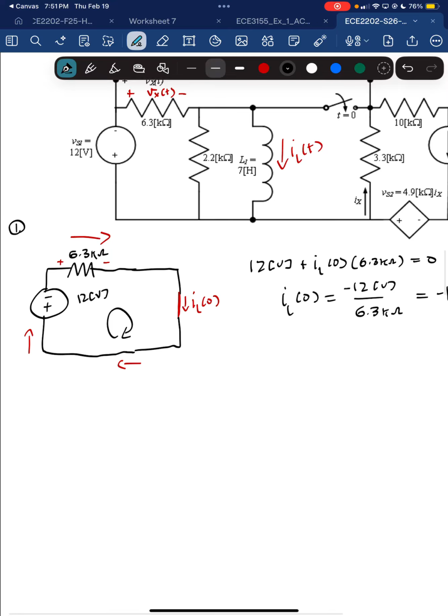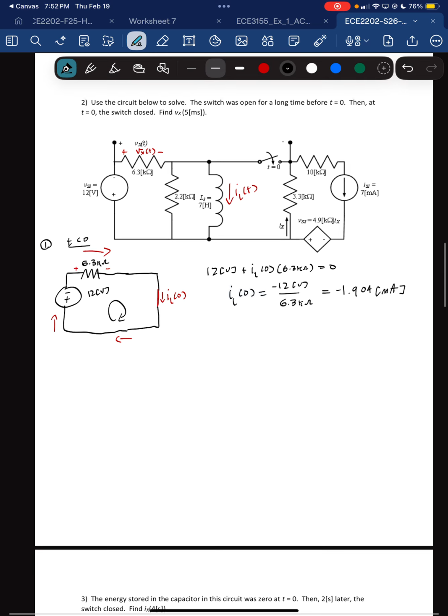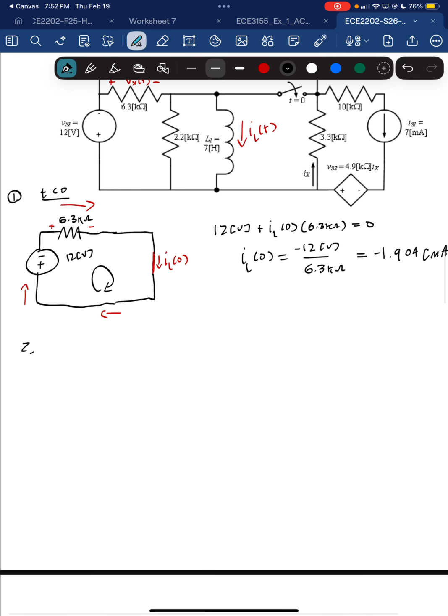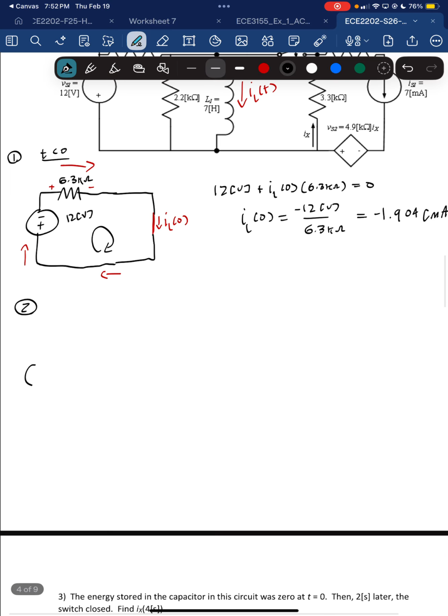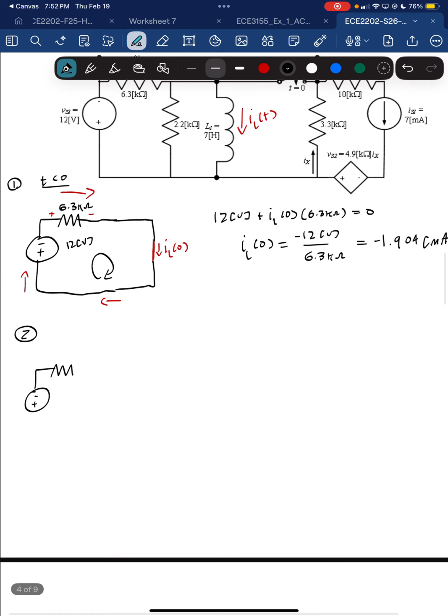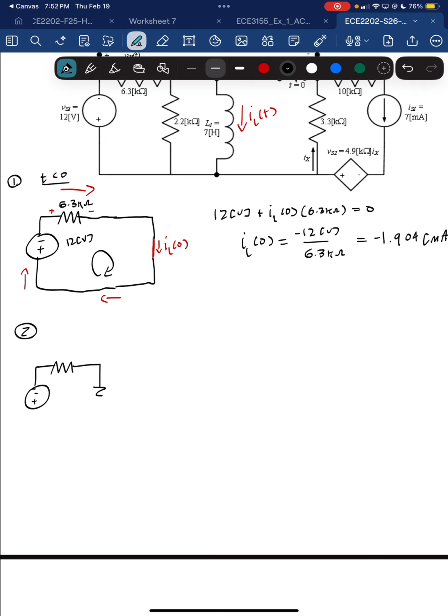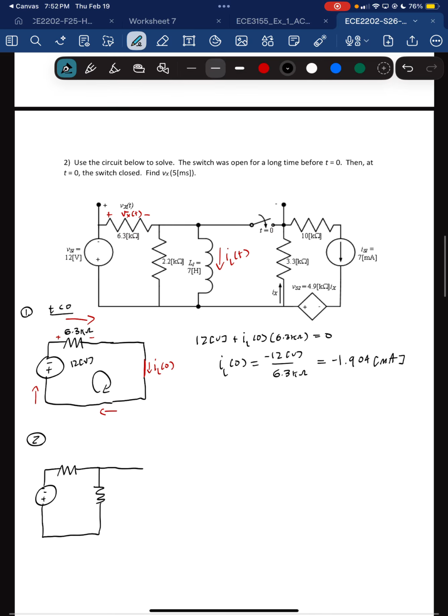Okay, that's step 1. And that is our circuit for t less than 0. Now, we're going to flip the switch. And we're solving for IL of infinity.